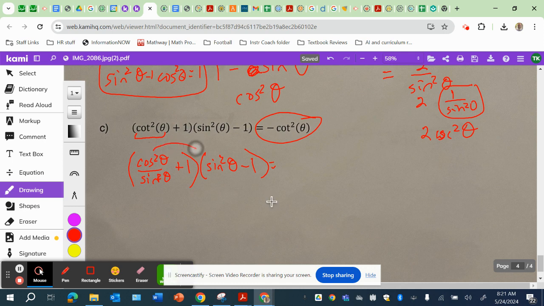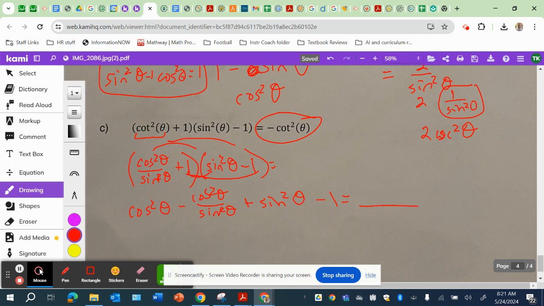So the sine squareds cancel out. You get cosine squared minus cosine squared over sine squared. And then I distribute here, that's plus sine squared minus 1. And that's still equal to this.